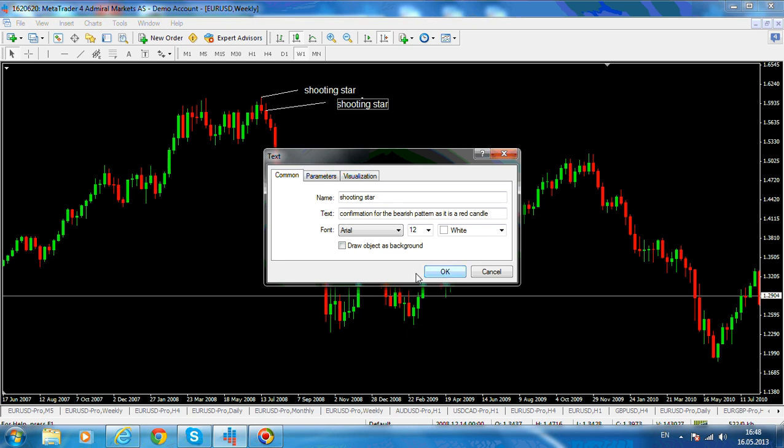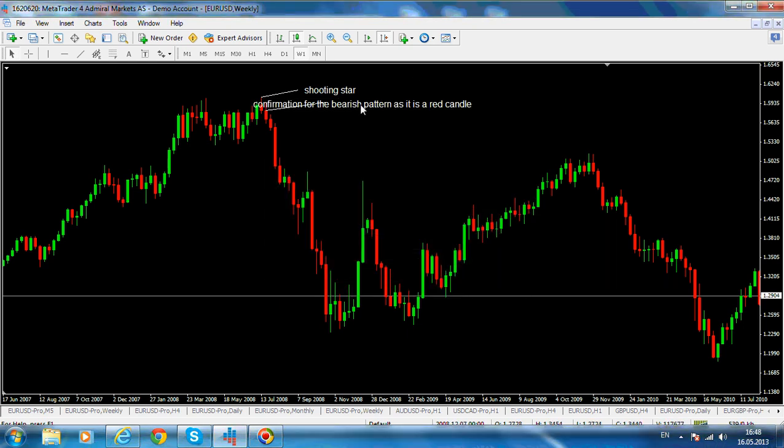So after this confirmation that you have, this being on a weekly chart, what I would do is go on a smaller time frame, like time frames that can actually be traded, like the 5-minute chart or 1-hour chart or even 4-hour chart, as a matter of fact, and look for any bounce to be sold and to establish short positions based on the shooting star, which is a bearish pattern, and the confirmation.